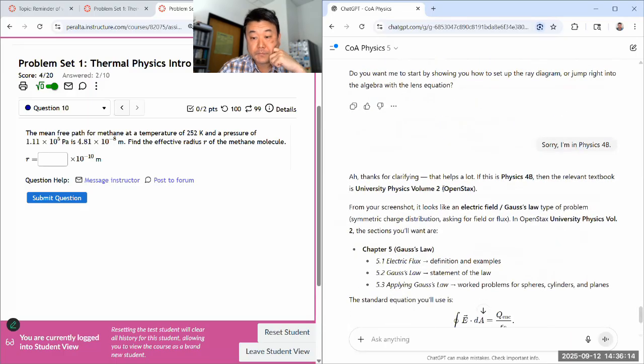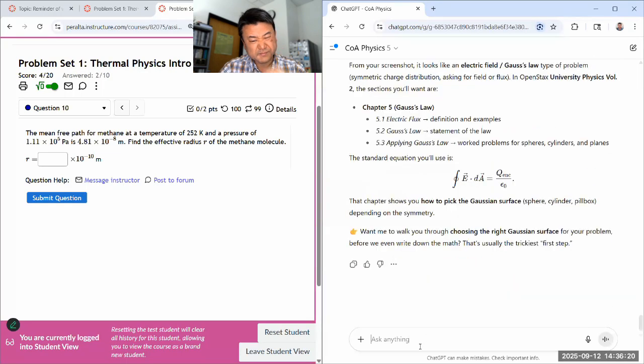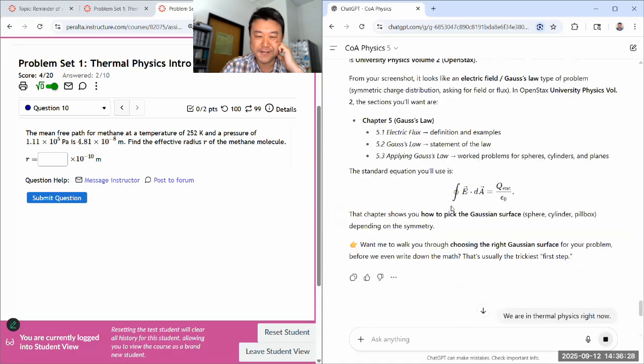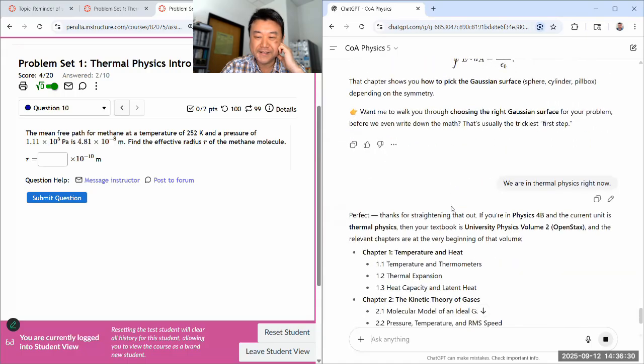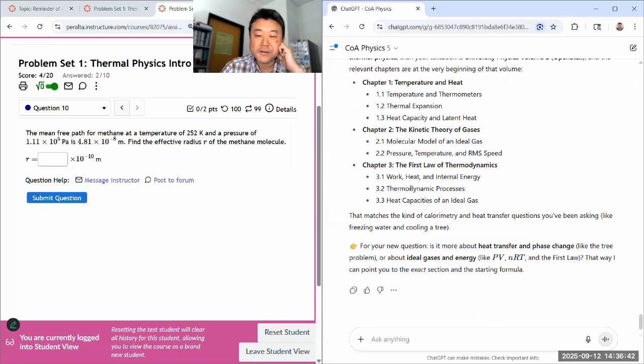Then we are in thermal physics. I don't know. It's hallucinating a lot more than it normally does. Oh, maybe it's a partial list, but I think at least those chapters are right.